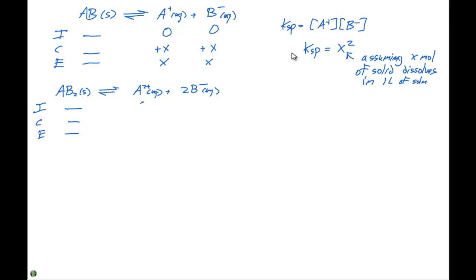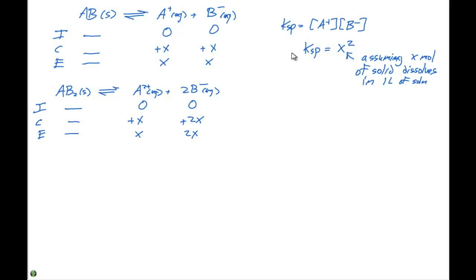Our initial concentrations are going to be 0. We dump the solid into the solution. If X moles of that solid dissolve, we get a change in concentration of plus X for the cation and plus 2X for the anion. That means at equilibrium, our concentration is going to be X for the cation and 2X for our anion concentration.